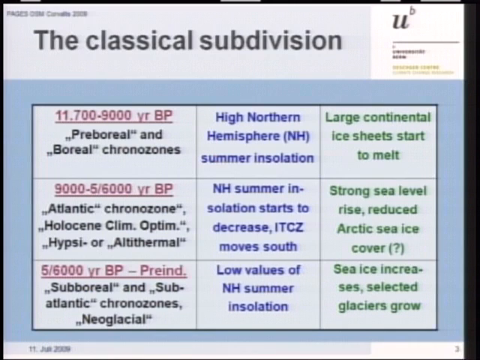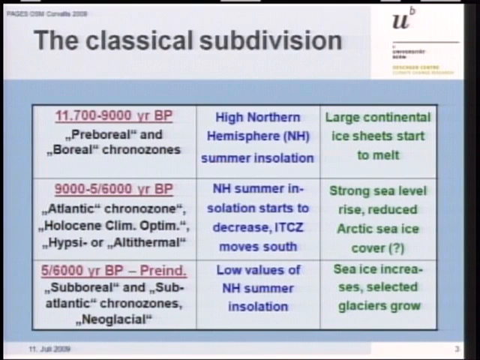Then we have a second period between about 9,000 to 6,000 years BP with the Atlantic chronozone, also called the Holocene climate optimum, or, based on the work first by Denton and Karlén, the hypsithermal. And then later the neoglacial, from 5 to 6,000 years BP to pre-industrial.